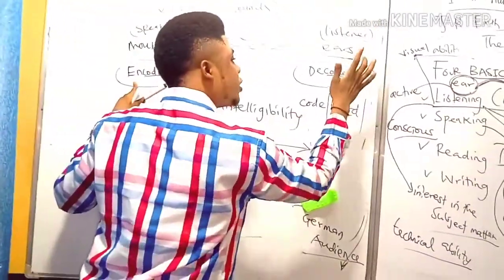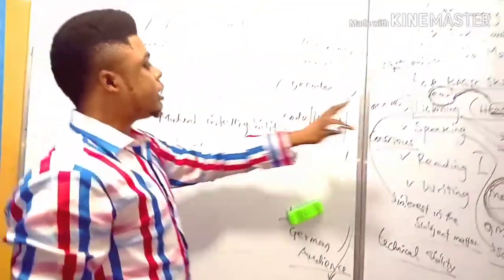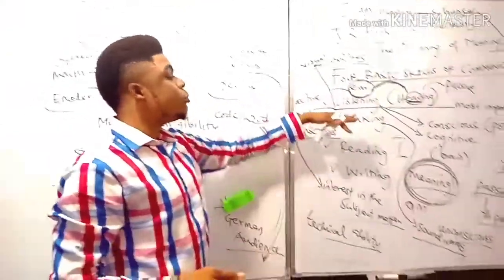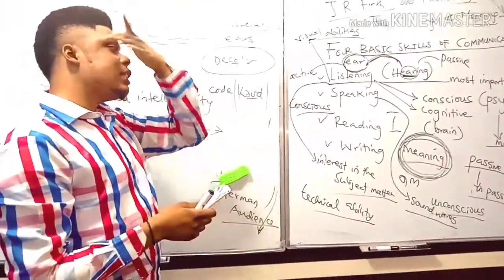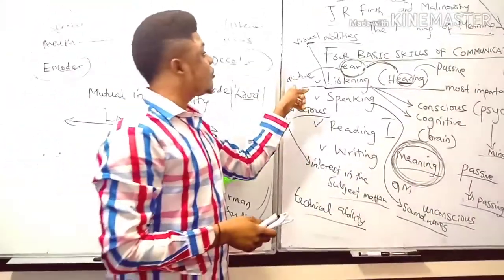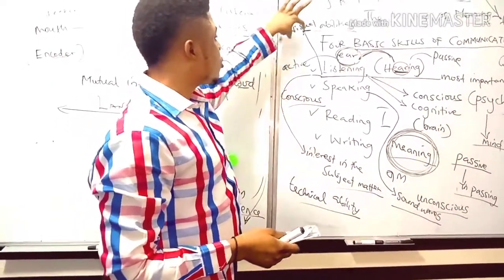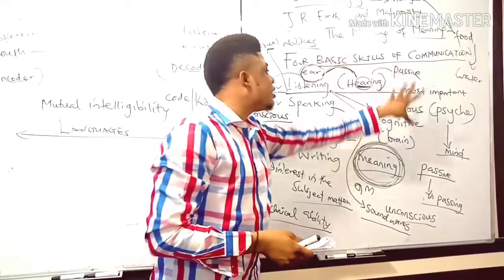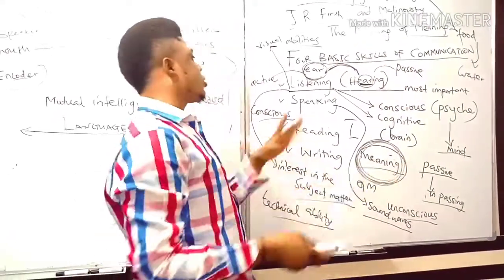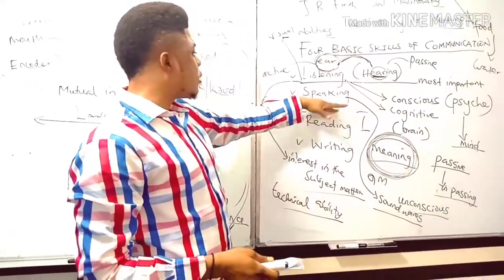So we're done with listening and we're almost done with speaking. So we've said that listening is what? Active. We said it is conscious. We said that it must involve visual abilities, and hearing is passive and unconscious. Now speaking, we've said something about speaking. What do you say about speaking?